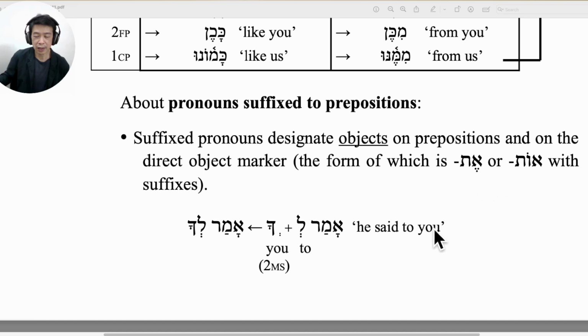For instance, reading from right to left, he said to you is constructed from amar, meaning said, with a lamed with a shva, meaning to, and then you is ka, with a shva, meaning you, second person masculine singular, to form amar leka.